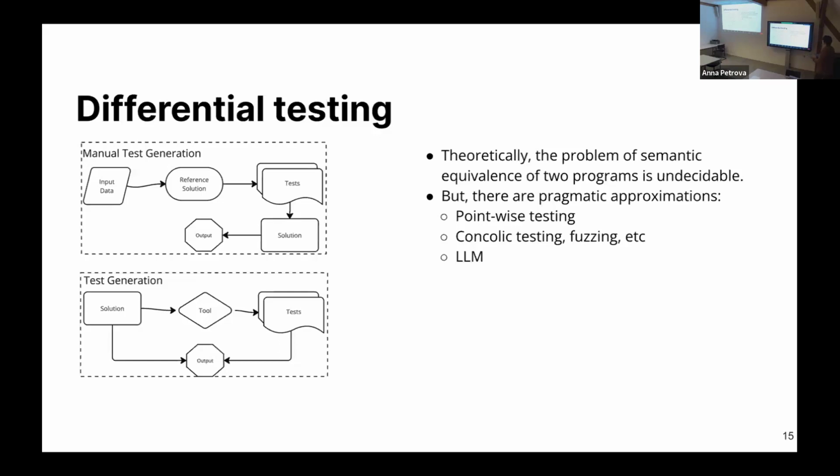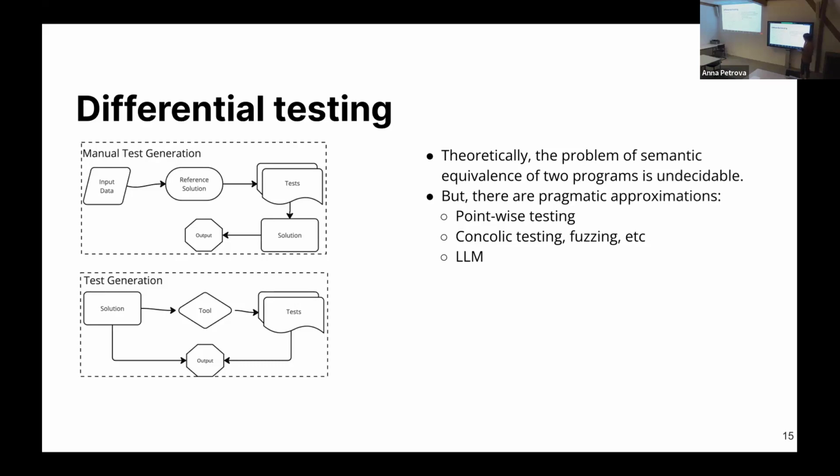To use a semantic metric, we use differential testing. So what have we done? We generate tests before running the solution, because some datasets give access to the tests for each task.